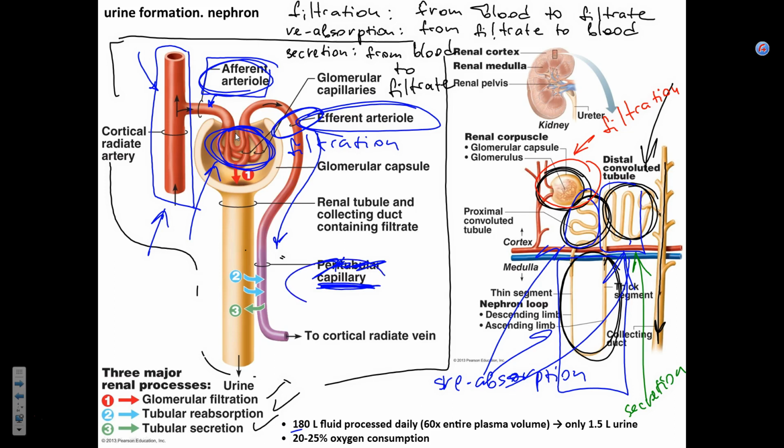Now, these capillaries, where are they located? What are they close to? The renal tubule. Very good. The renal tubule. Okay? So these capillaries will be surrounding renal tubules. Makes sense, right? And these capillaries finally will drain into the vein.